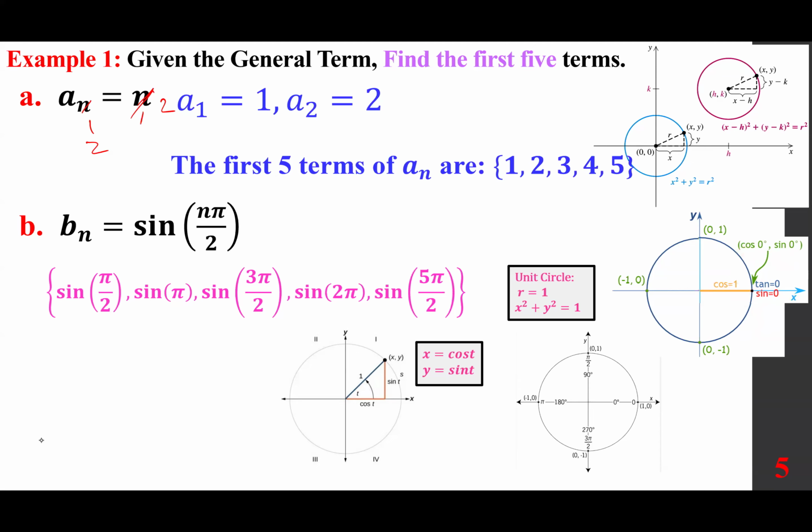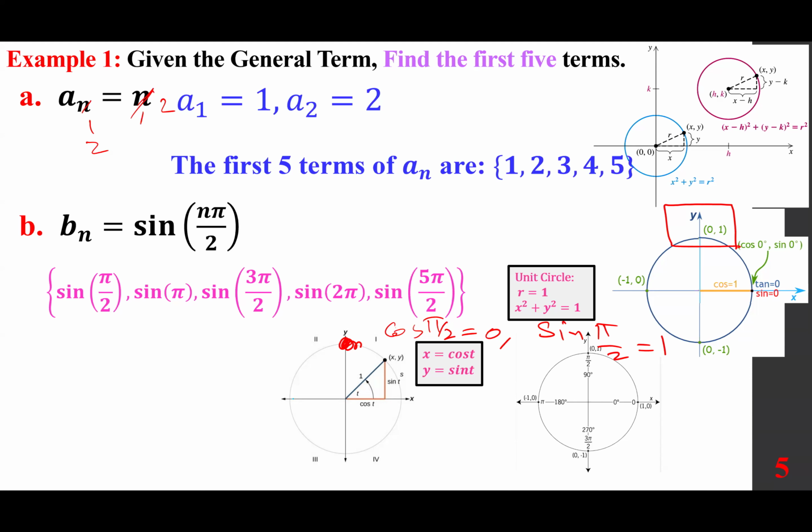If we look at this point, that means cosine of pi over 2 is 0, sine of pi over 2 is 1.